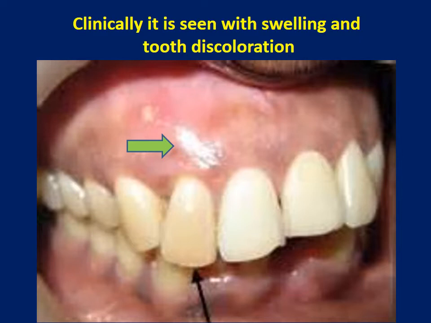But when we see a discoloration, that might indicate an endodontic problem due to trauma, and the tooth may be necrotic. That's why we may consider that this lesion is an endoperio lesion.